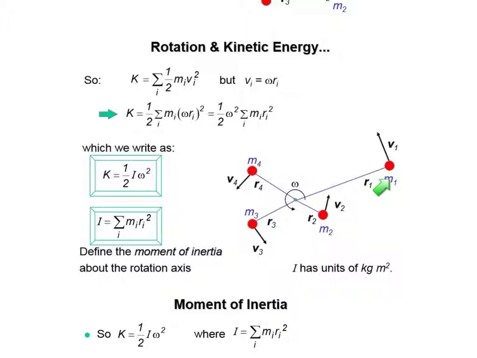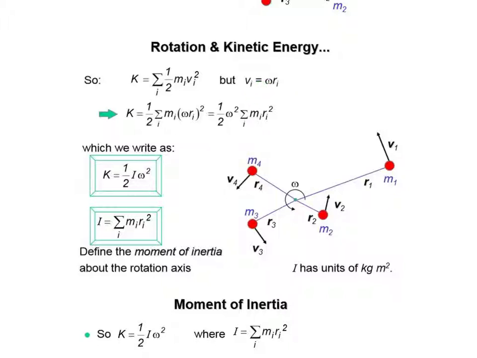M1, which is the furthest away, has to be moving faster than M2, which looks like it's the closest. If we were to recognize the relationship between v and omega, then we could substitute in for v_i, for each of the masses, omega times r_i.